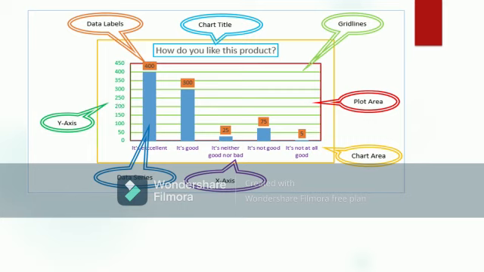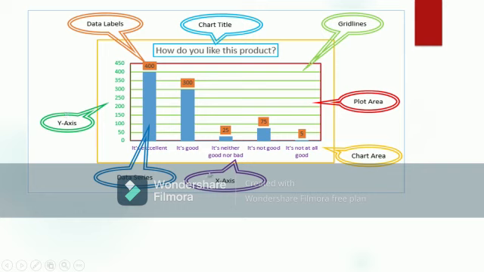The value of each data point is plotted on this axis. By using this value axis, we can mark or plot the data point on the axis. Okay, chart title, data label, y-axis and x-axis.